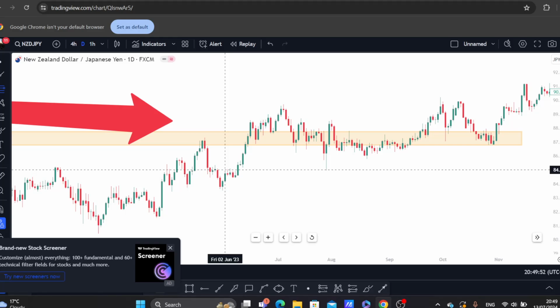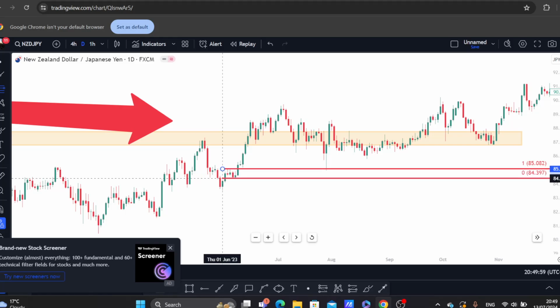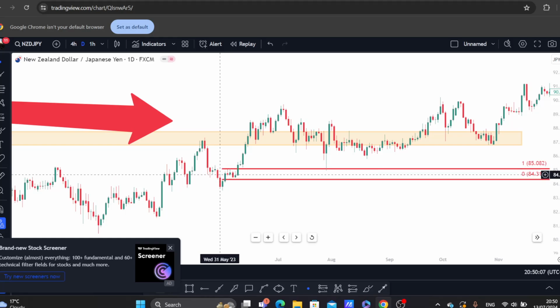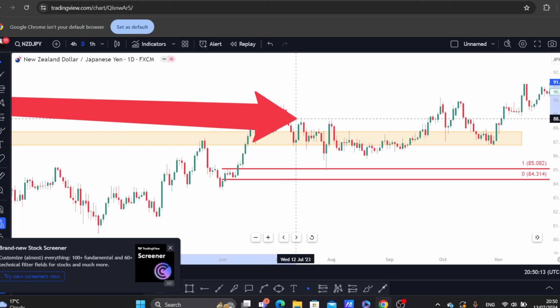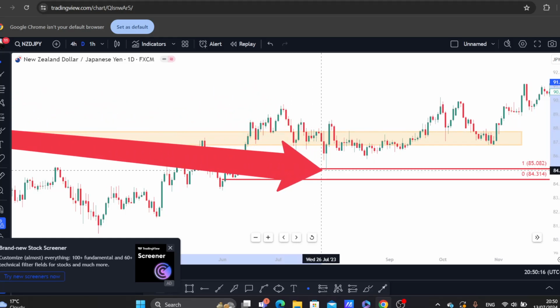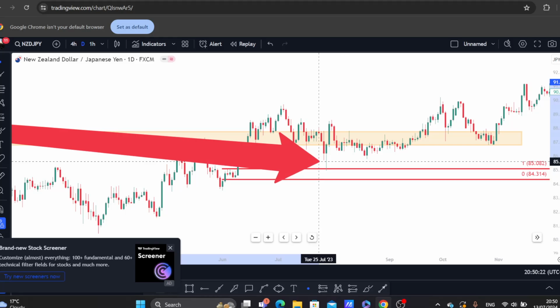So all you need to do is plot the start of the demand zone to the low of the demand zone, or from low to high. It doesn't matter how you draw it, as long as you cover the zone. As you can see, when we then had this push to the downside, it tapped the zone, the demand zone. Sorry, kids are playing outside, pardon the noise.